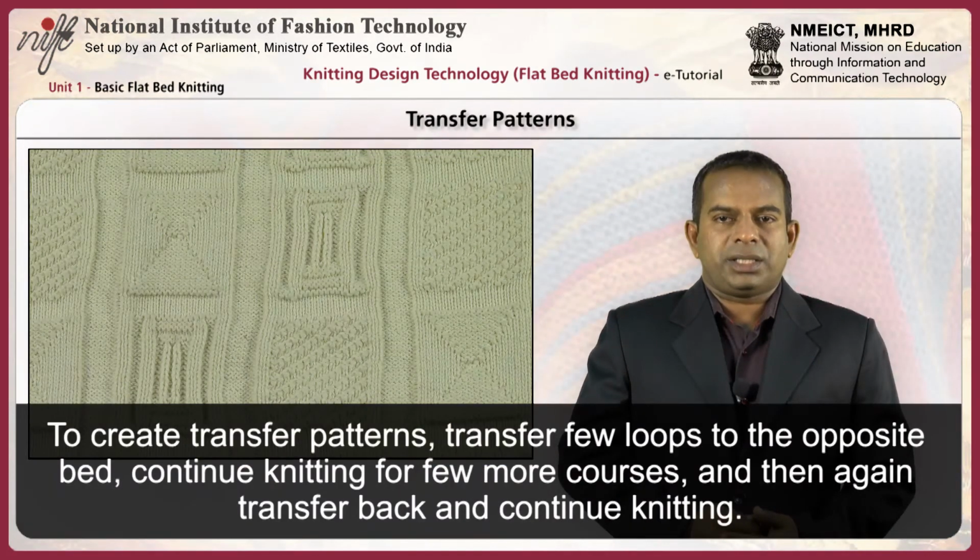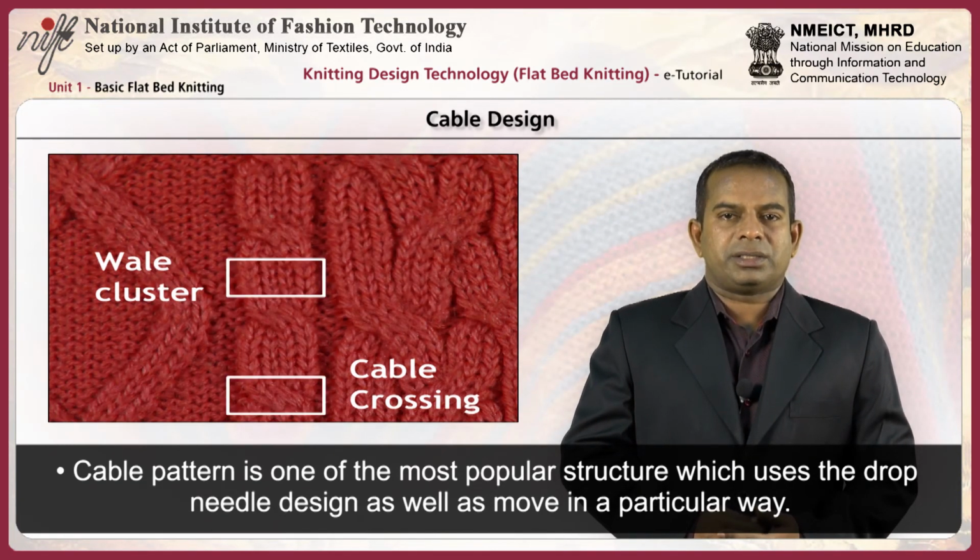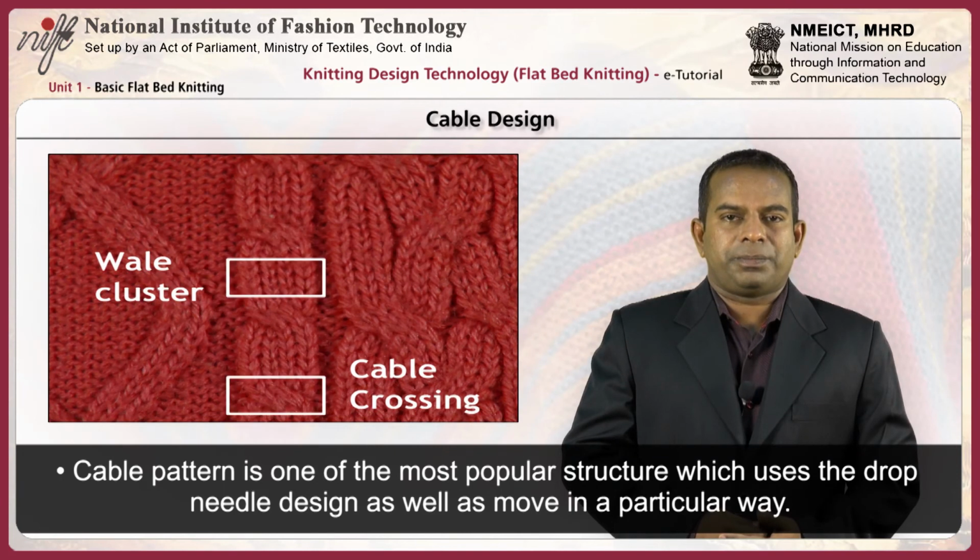To create transfer pattern, transfer few loops to the opposite bed, continue knitting for few more courses and then transfer back and continue knitting. Cable pattern is one of the most popular structures which uses the drop needle design as well as move in particular way.